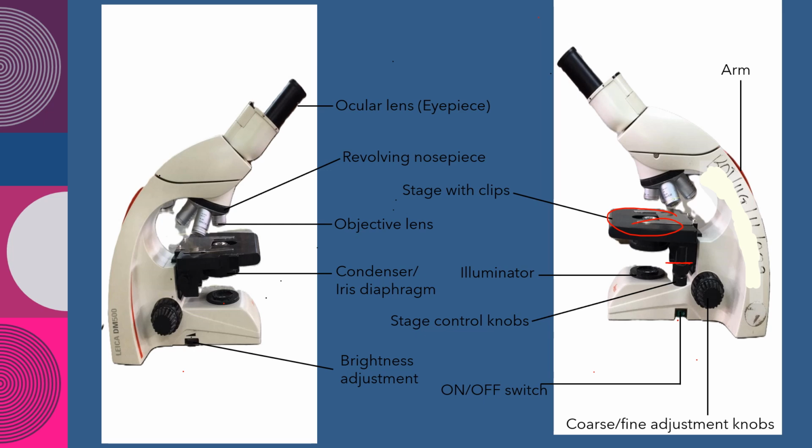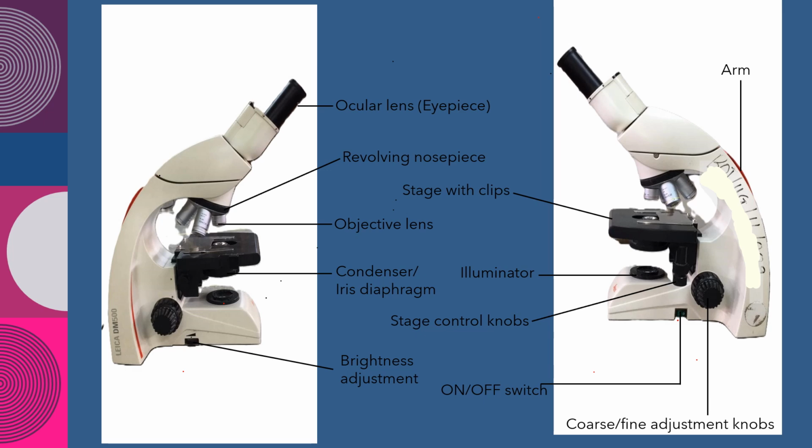The one above is used to move the stage forward and backwards. The one below is used to move the stage sideways. So they are used to control the movement of the stage.